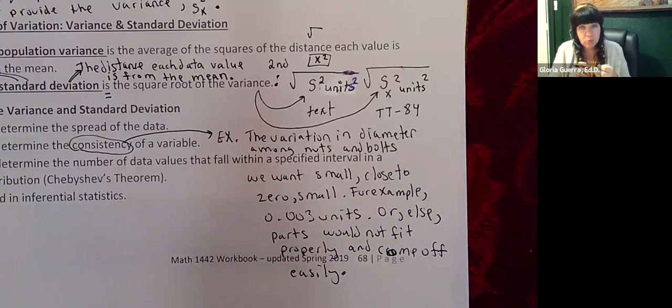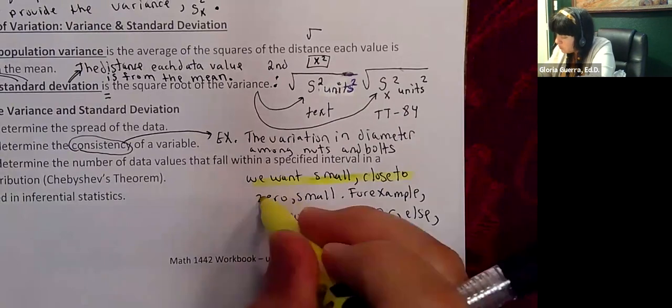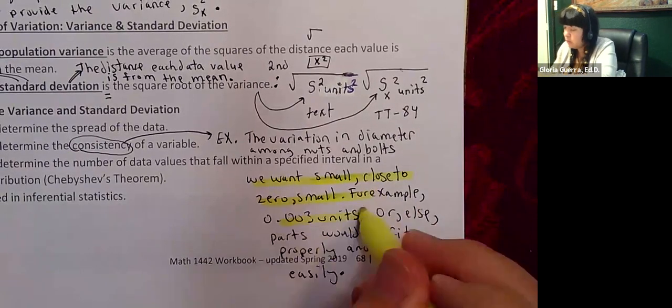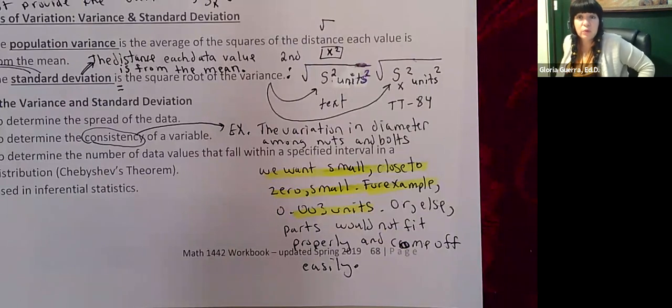If it's small, close to zero, then we would say yes, that would be yes for consistency. If you had something like 2 or 5 or even 3, that's not considered small. You want a small decimal, close to zero.